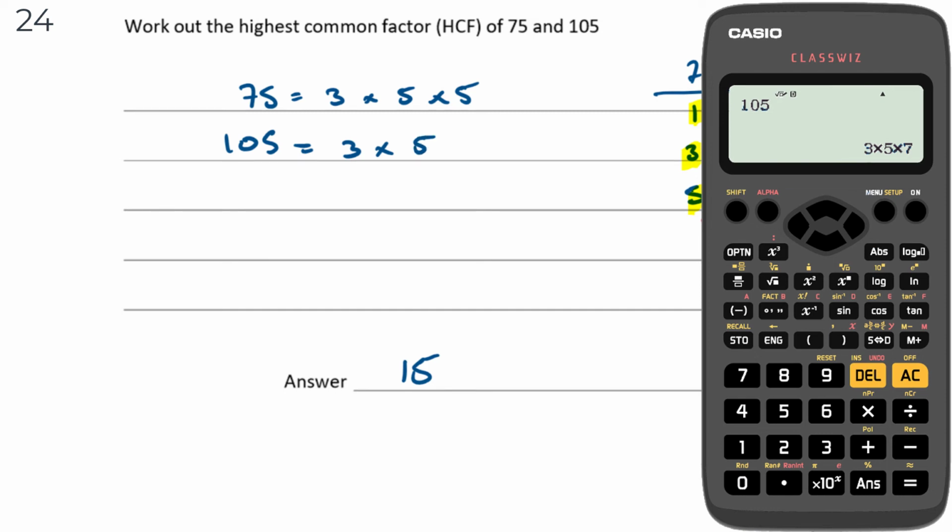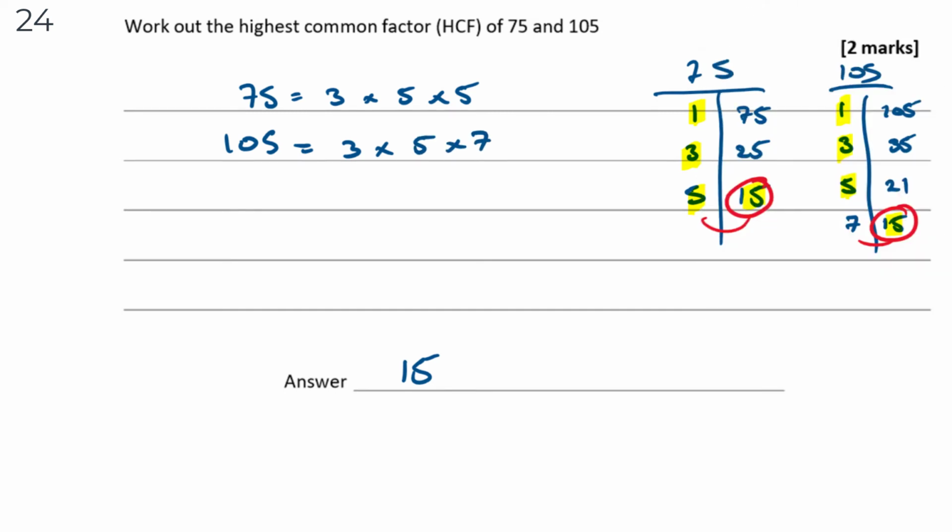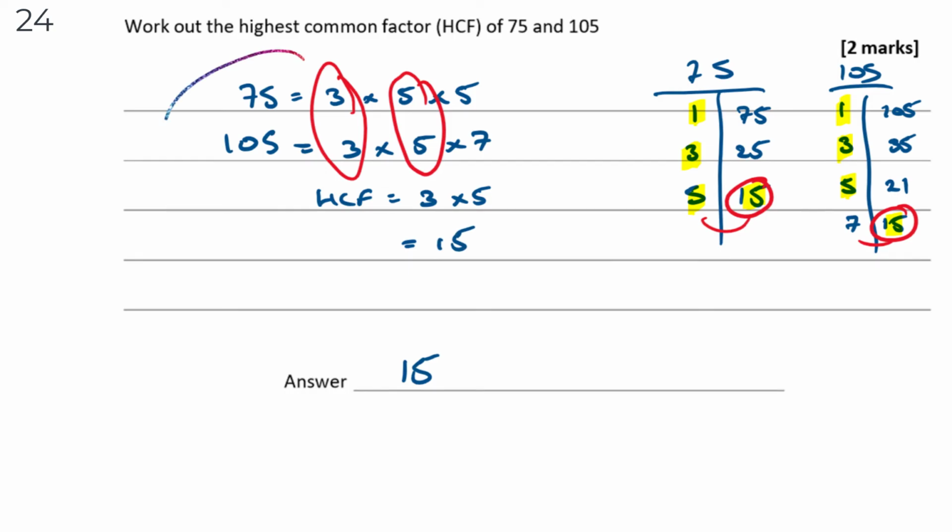So basically what you do is you see what are on both lists. So I've got 3 on both lists, and I've got a 5 on both lists. So then the HCF is made up of 3 and 5, which is 15.